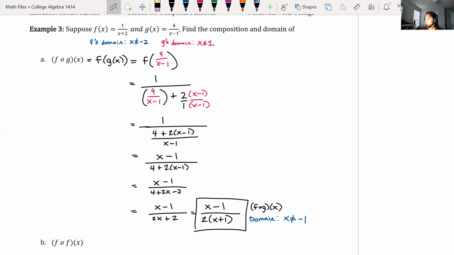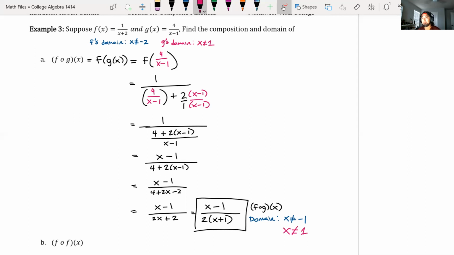We take g's soul. What was the domain of function g? +1. So we have to include that as well. So not only can x not equal -1, x also cannot equal +1. You must take the domain of the function you are composing with.